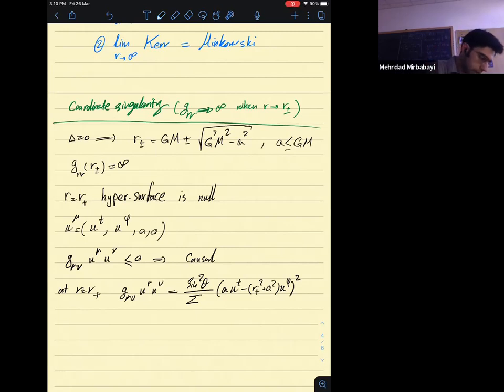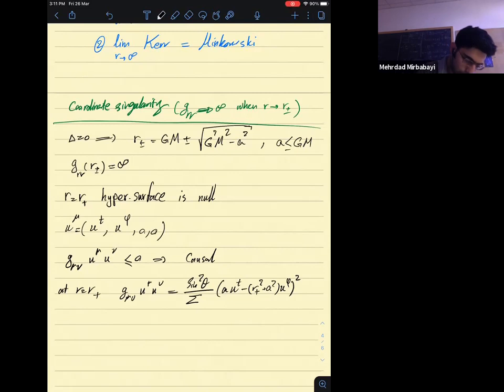The null curves that live in here are analogous to the null curves that we have in the horizon of a Schwarzschild black hole. Those are called the null generators of the horizon.